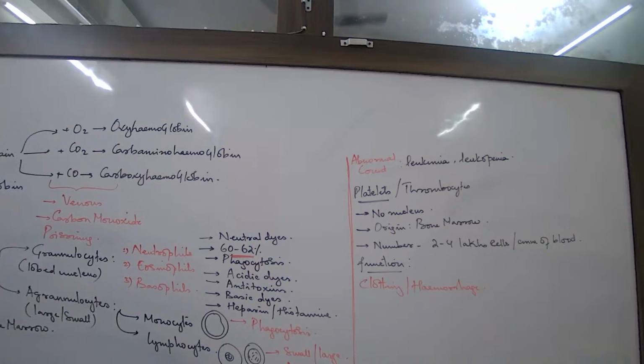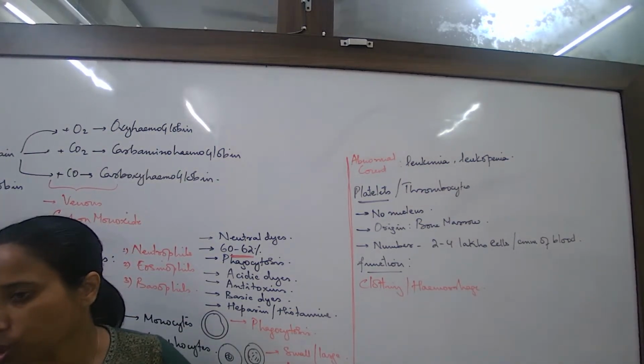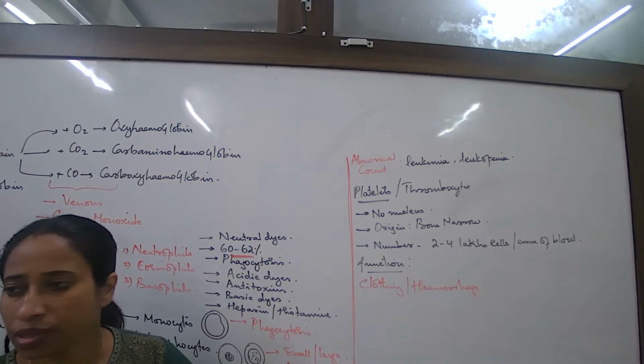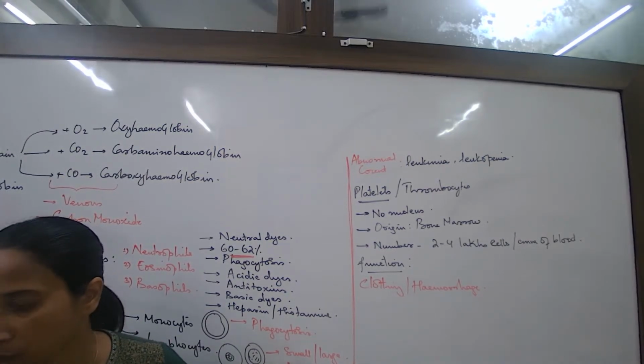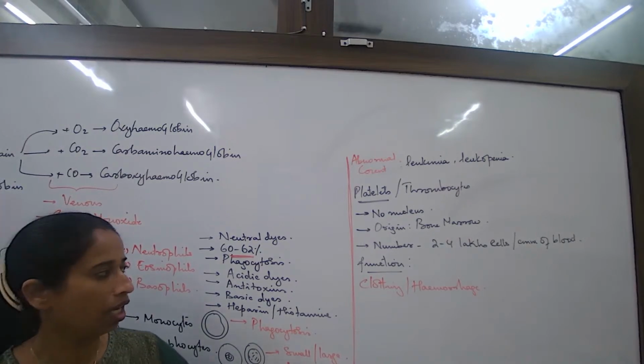If that does not happen, it is understood that it must be because of a low count of platelets or a massive deficiency of vitamin K or calcium, any of these three factors. So what is clotting? Clotting is the process of stoppage of oozing of the blood due to the reactions carried out by the platelets.